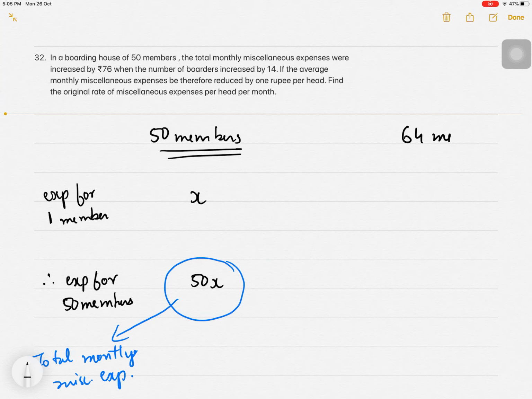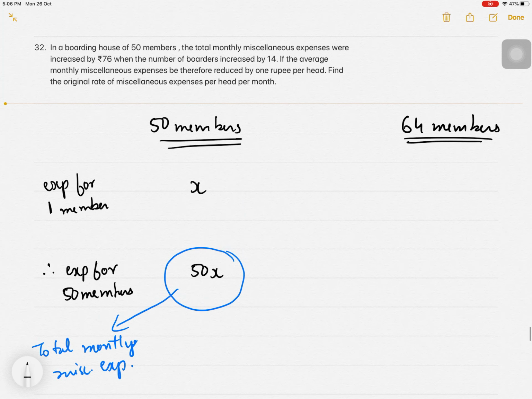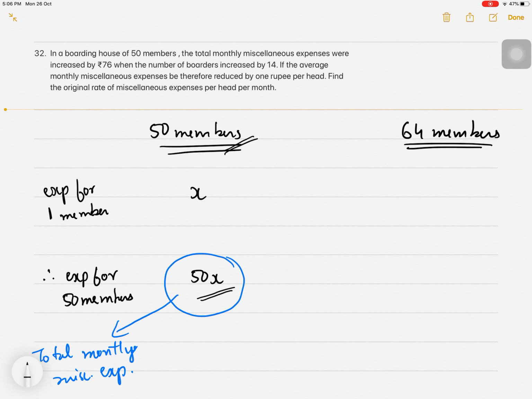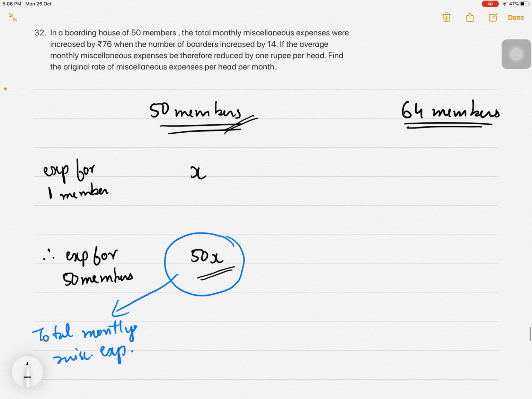When 50 members became 64 members, total expense increased by 76.